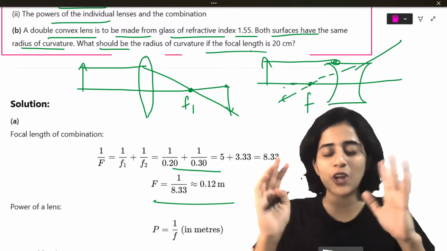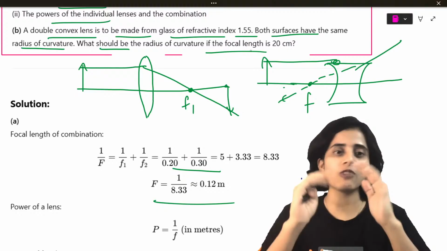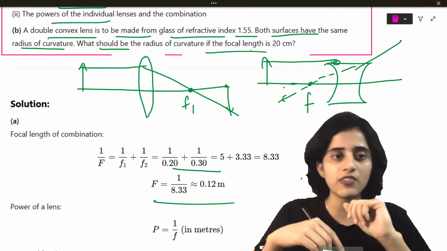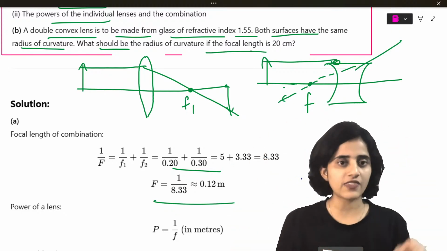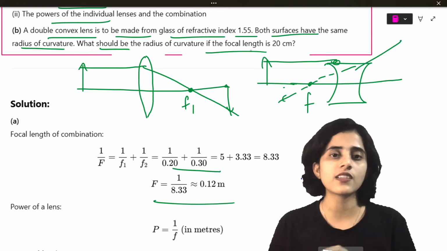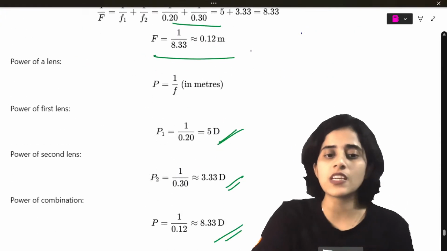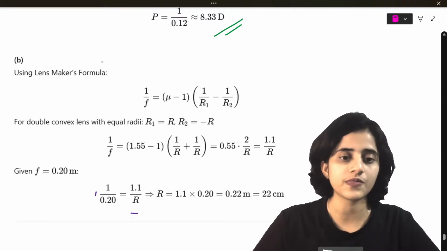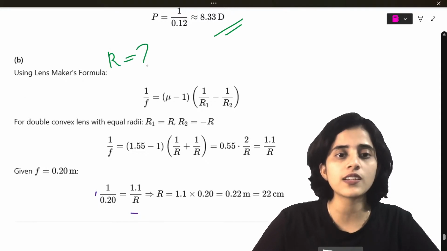Okay, it's not that complicated. You have a double convex lens made of refractive index 1.55. Both surfaces have the same radius of curvature, and the focal length is 20 centimeter. We have to find the radius of curvature, which is r.